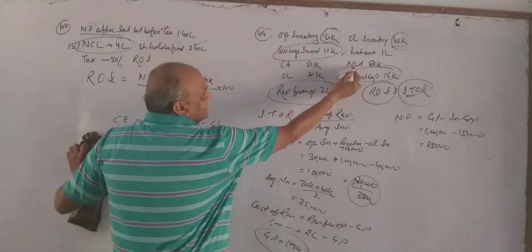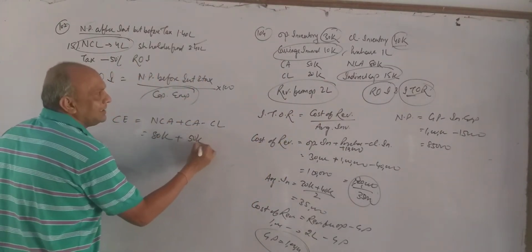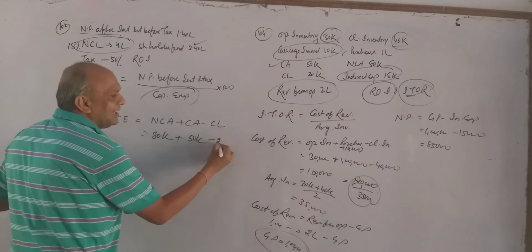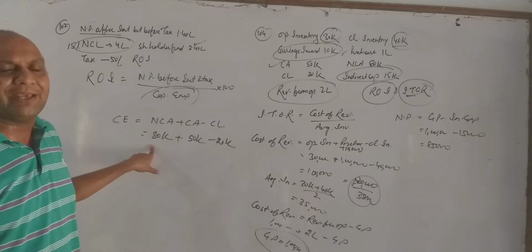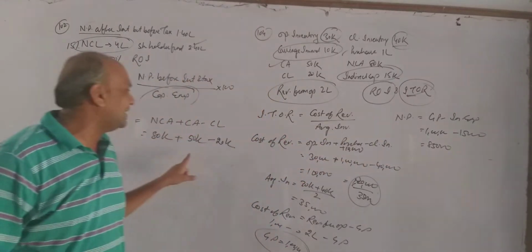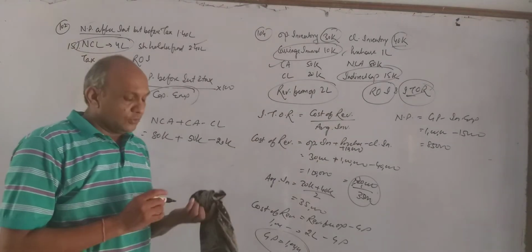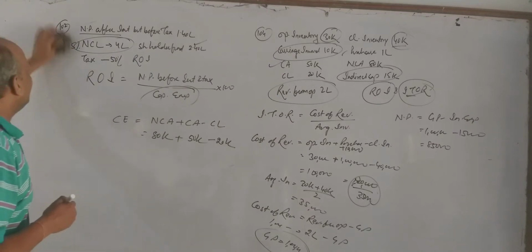Here non-current assets are 80,000 rupees, current assets 50,000 rupees, and minus current liability 20,000 rupees. So from here we would be able to calculate capital employed. Now things are with us. Net profit 85,000 divided by capital employed. So this is one more formula which is related with return on investment.